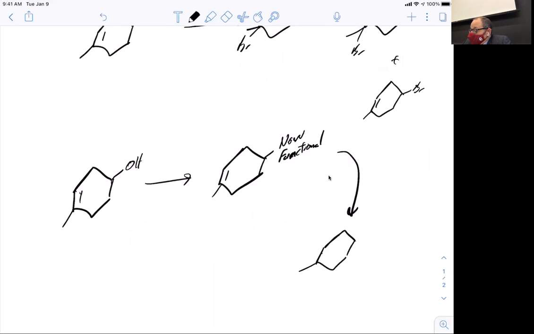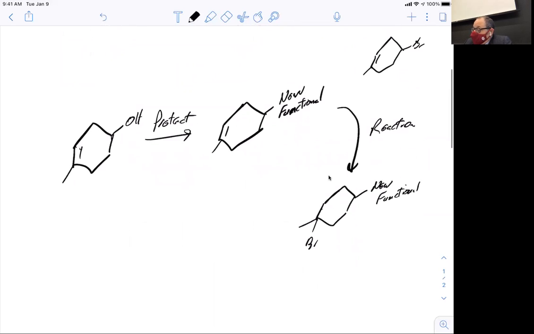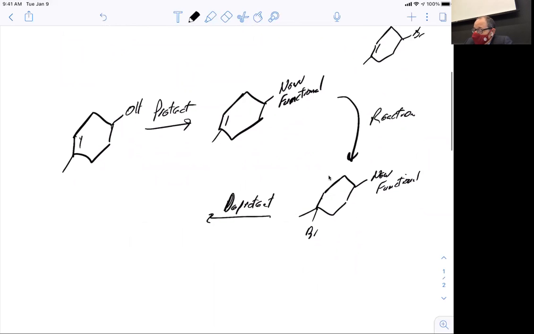I'm going to do my reaction, and then I will deprotect. The protection and deprotection process is important because I want to end up with what I started with. So you can think about it, I'm protecting, I'm hiding the reactivity of that group.